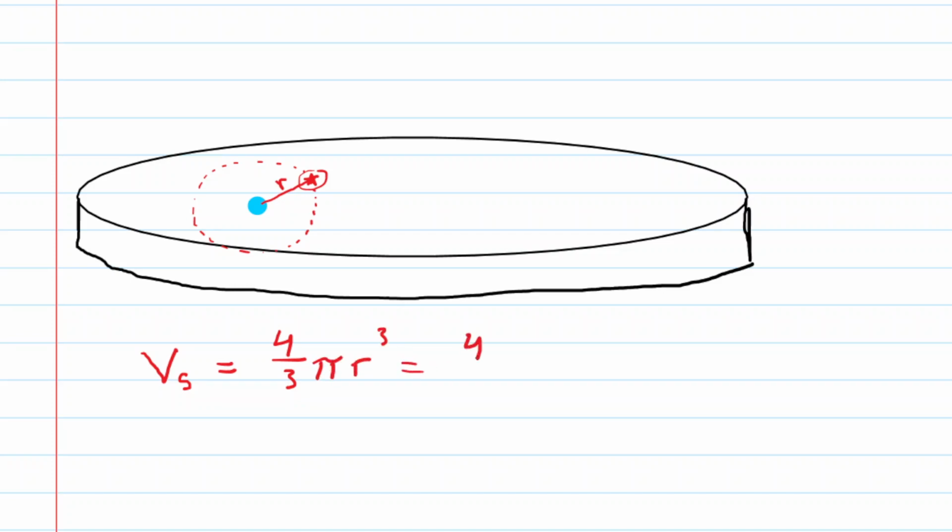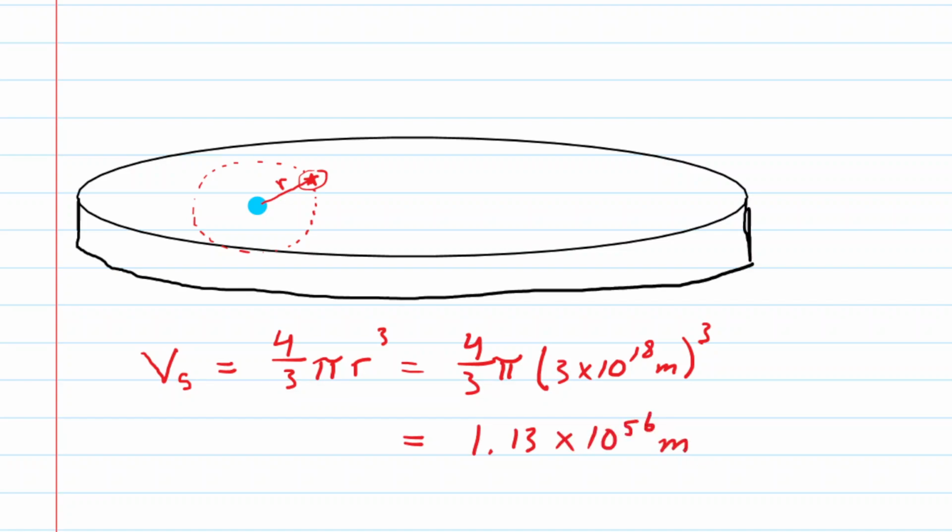Now the radius, again, is simply the distance from Earth to that neutron star. That distance was given to us as 3 times 10 to the power of 18 meters, and then we'll cube that. So when you punch this into your calculator, you're going to get a volume of about 1.13 times 10 to the power of 56, and then this is in meters cubed. So again, that's the volume of that spherical region.